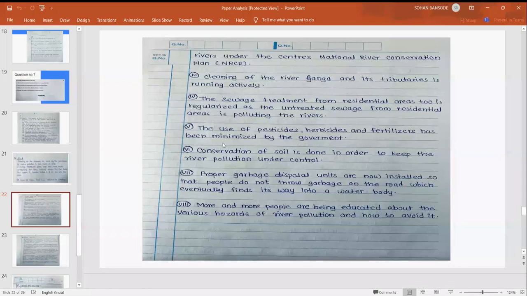If you find that, you can make a point, like just see here the disposal of garbage. So my point would be the disposal of garbage. I am going to underline that and then I'll explain this line. Okay, then the conservation of soil, again I'll give that point conservation of soil and then I write this given sentence over there. So in this way you can write your answer.